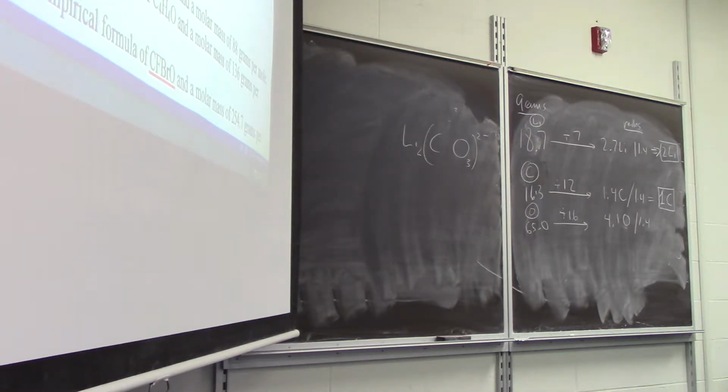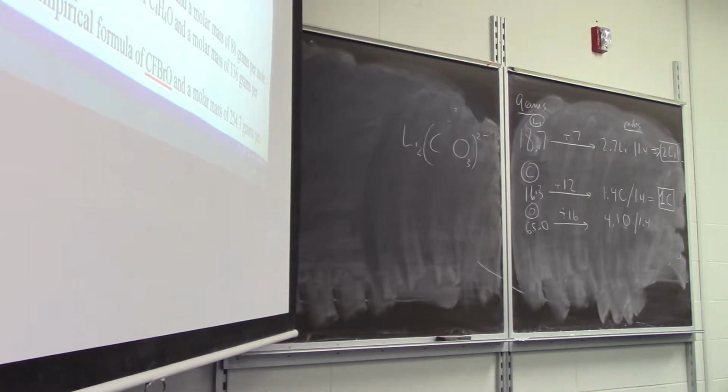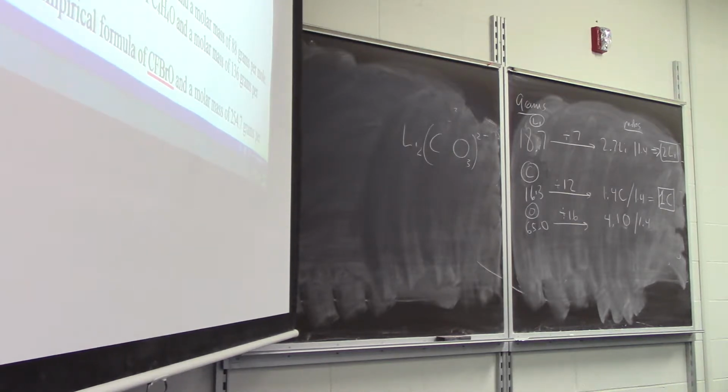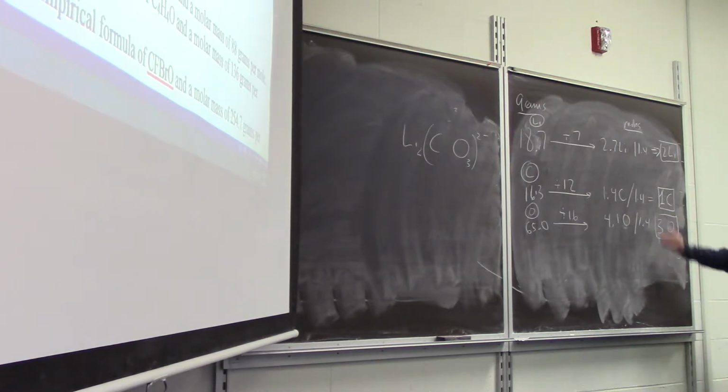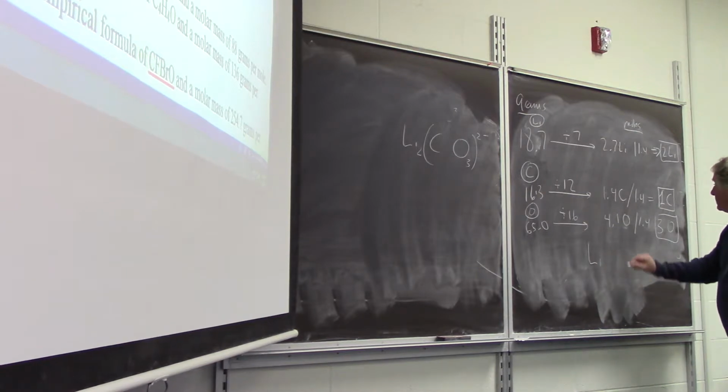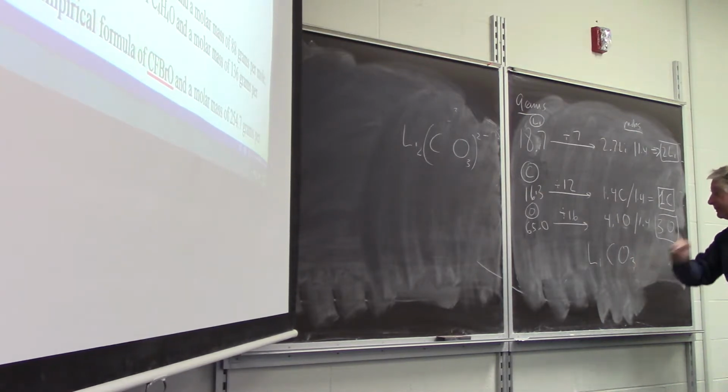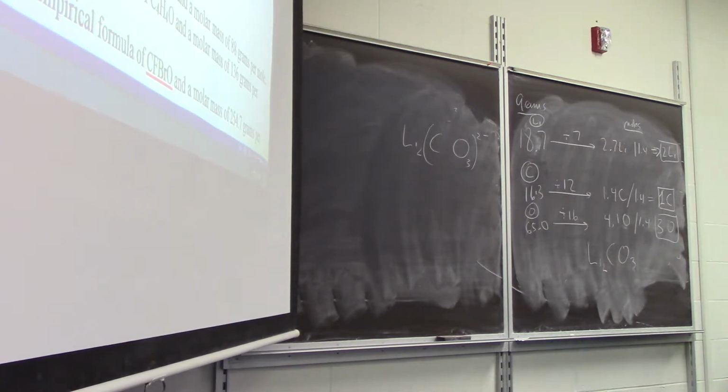You have to multiply by a third. Or if it's 0.5, you have to do a half, okay? So usually don't worry about it. If it's 2.95, that's close enough to call 3. And this one here is 3. So Li2CO3. Yeah, just like you sort of guessed.